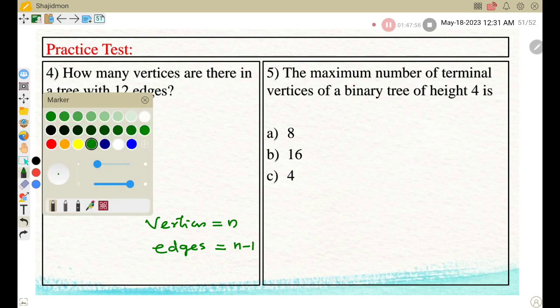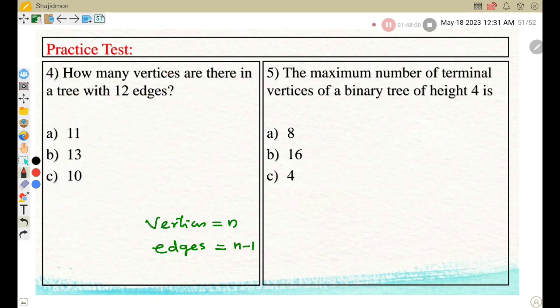Now here what is given? The question asks how many vertices, n equal to how much? There are 12 edges. So edge number is 12. So n minus 1 equal to 12. Okay. So what will be the n value? n equal to, taking minus 1 to the next side, 12 plus 1, that is 13. So what is the correct answer? It is 13. Okay. Now fifth question.